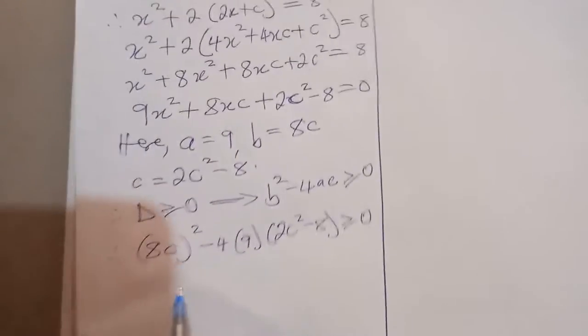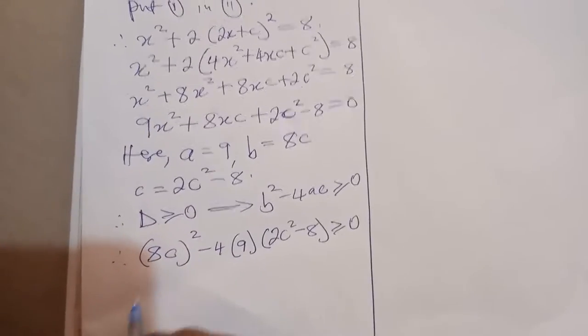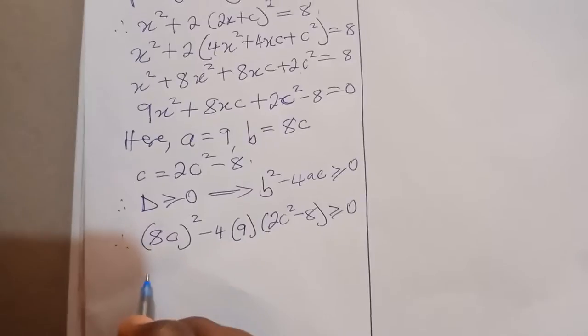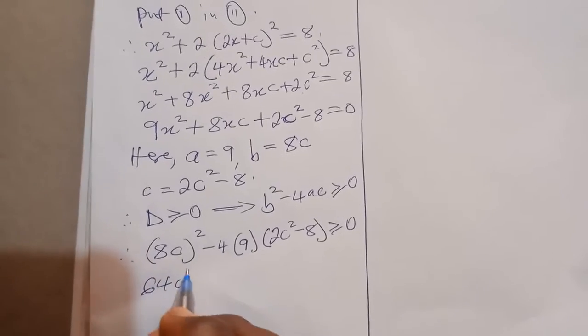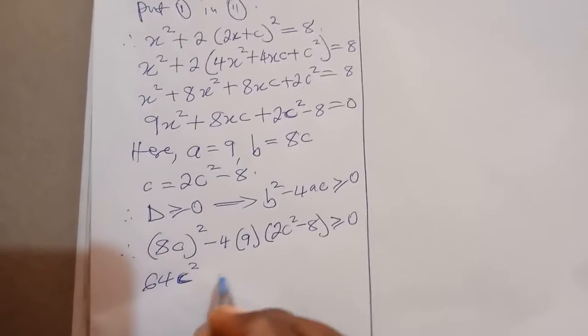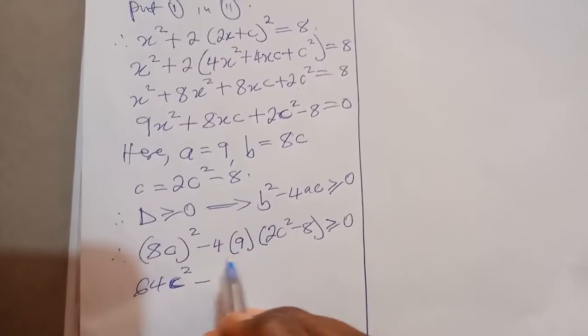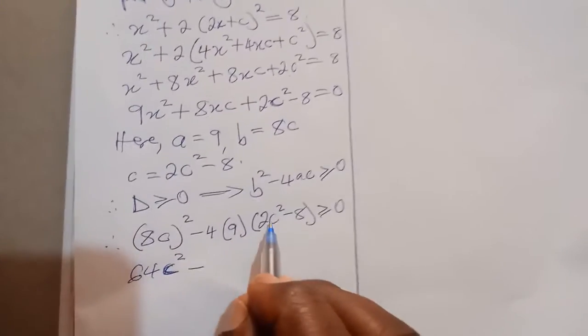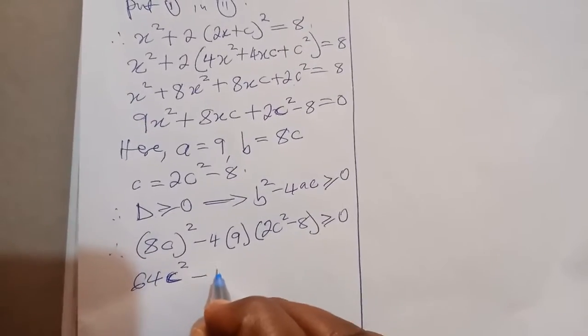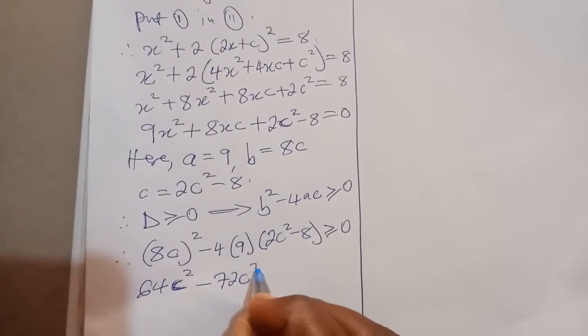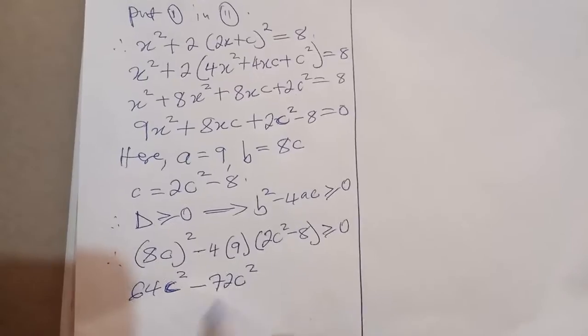The next thing is to square this and simplify everything. We have 64c squared minus, this is 36, I'll open this bracket. 4 times 9 is 36, times 2 is 72c squared. Then minus and minus will become plus here.